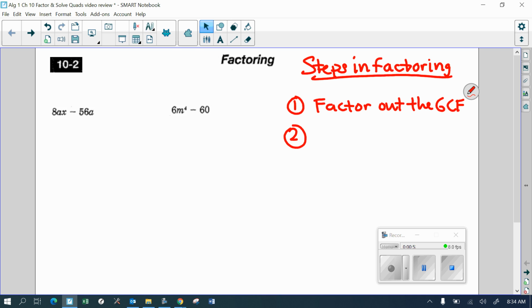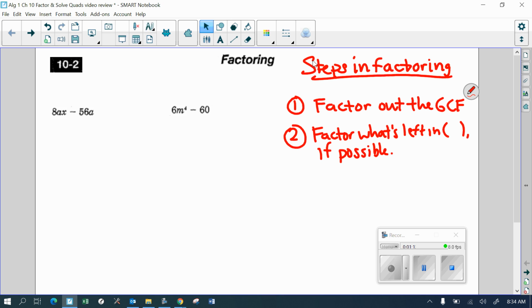Step two, factor what's left inside the parentheses, if possible. Sometimes that's it. And the other times you can factor still within the parentheses. Okay, those are the two steps in factoring algebraic expressions.